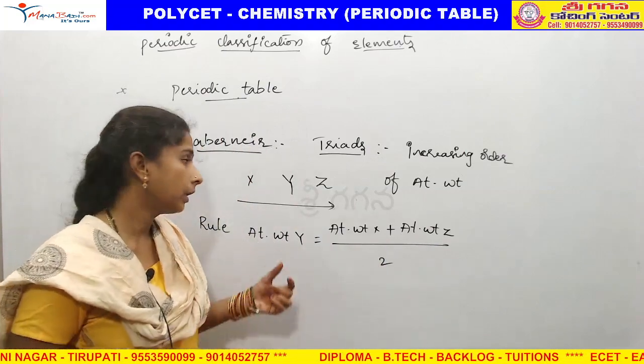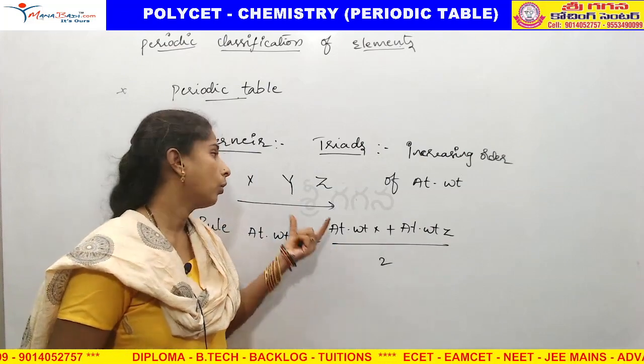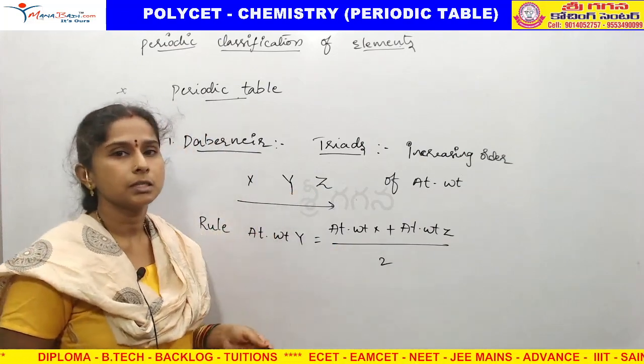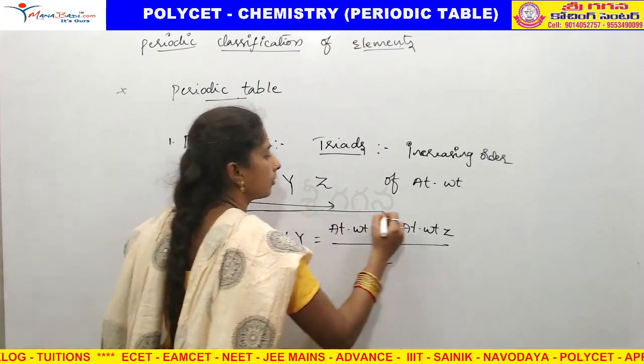That means the atomic weight of the middle element is the arithmetic mean of the remaining 2 elements. That is his rule, but it was a failure.